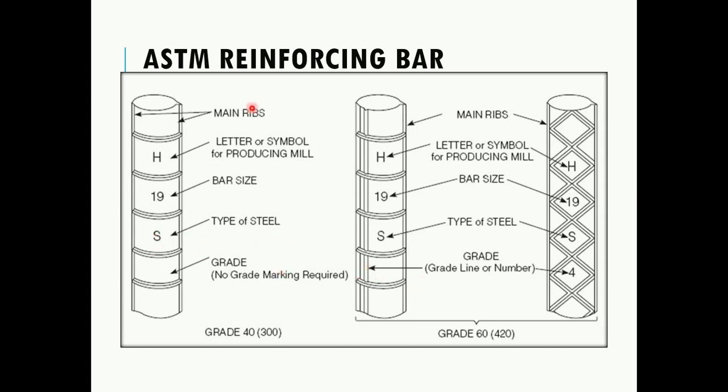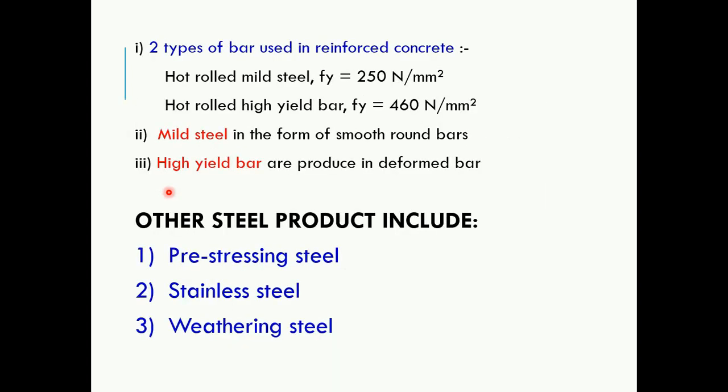And for reinforcement bar, the steel must have grooves, so that the bonding between steel and concrete is strengthened. The two types of bar used in reinforced concrete are hot roll mild steel or hot roll high yield steel.